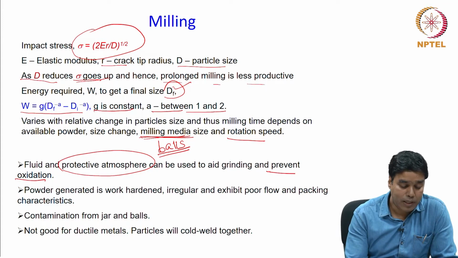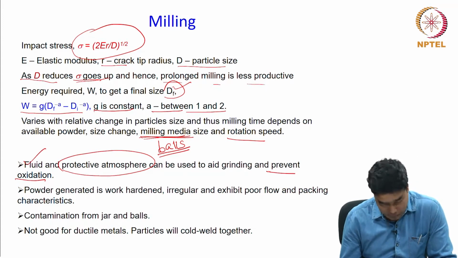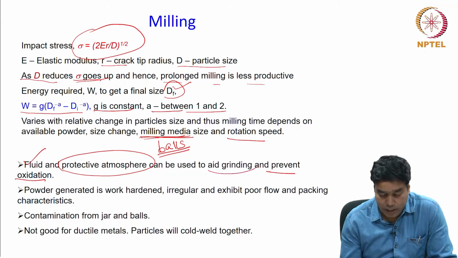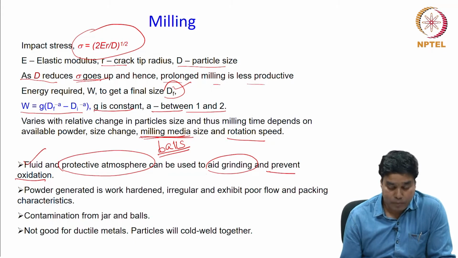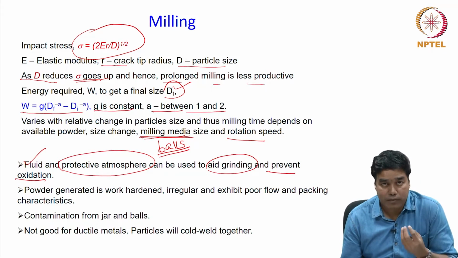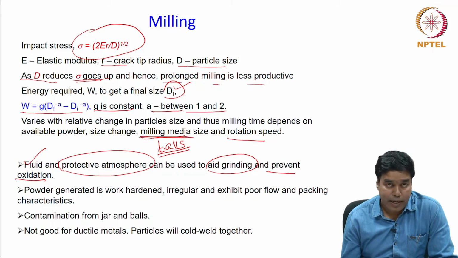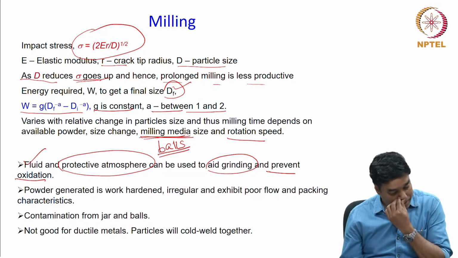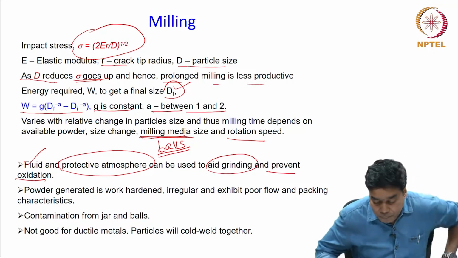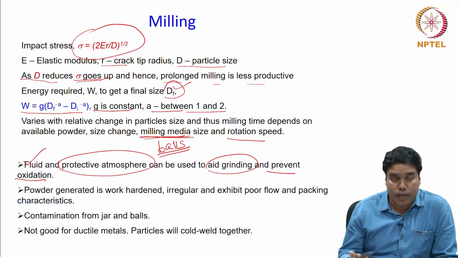And sometime a fluid or a liquid can also be used to aid the grinding process. So, in that case we call that process wet milling, where you have a liquid medium aiding the grinding process or this ball milling process. Okay. So, fluid or liquid can also be used to make it more effective.